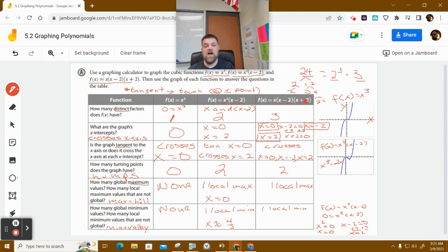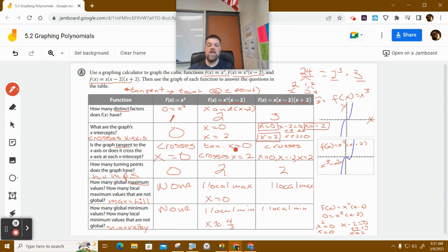Well, in order for y to equal 0, each one of the factors has to equal 0. So by setting each factor equal to 0 and solving, that tells me what value of x we're going to have these x-intercepts at. It being a tangent intercept depends on the power of the factor.